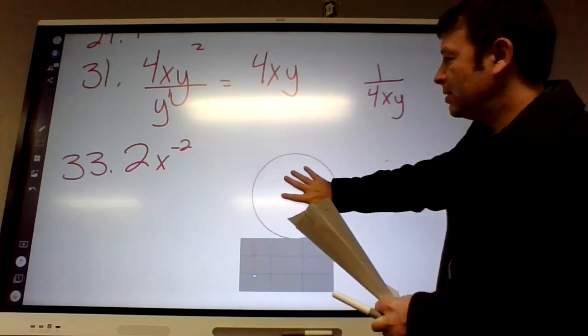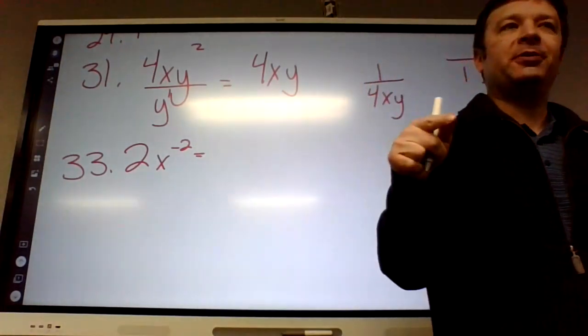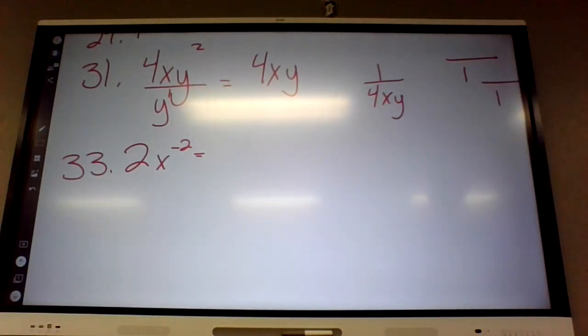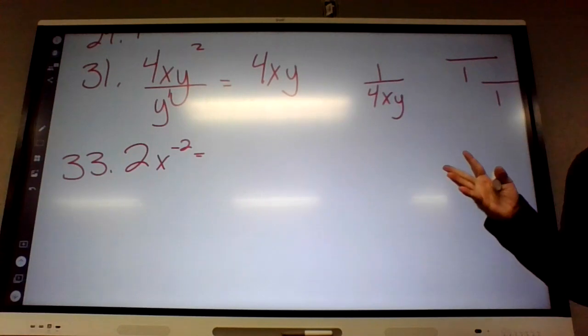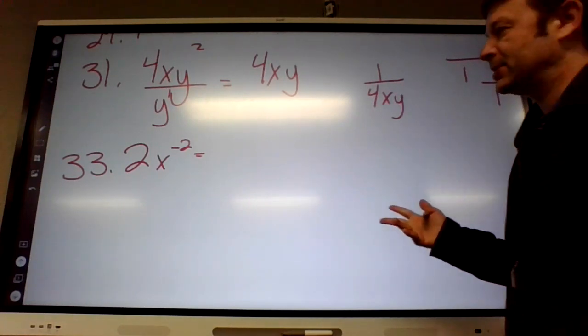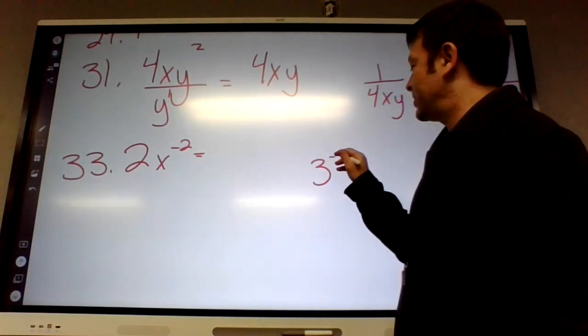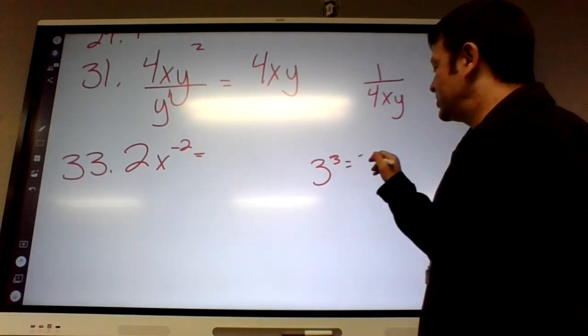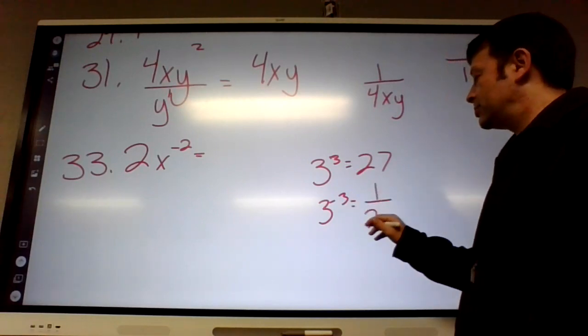What's the answer? Well, if they said we could have negative exponents, then yeah, that would be the answer. But the directions at the beginning, which I didn't read out loud, said no negative exponents, only positive exponents. Do you guys remember earlier I said 3 to the third is 27, 3 to the negative third is 1 over 27?